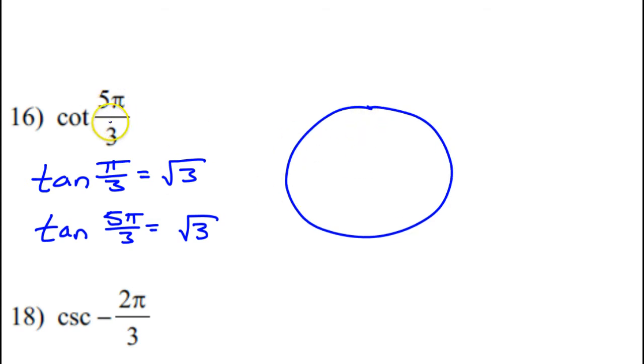Let's see. So I see the reference angle is pi over 3. So I'm going to draw a bunch of pi over 3's. So I'm going to take the top semicircle, which is pi, and divide it up into 3 pieces for pi over 3. So that would look like this. Alright, you see how I've taken the top half and now it's 3 pieces? That means each one of these is pi over 3.